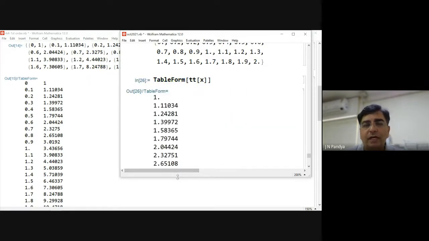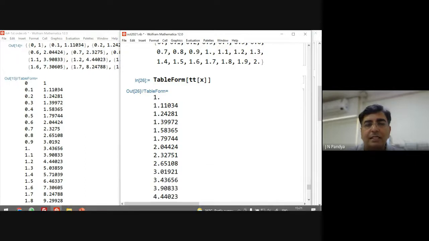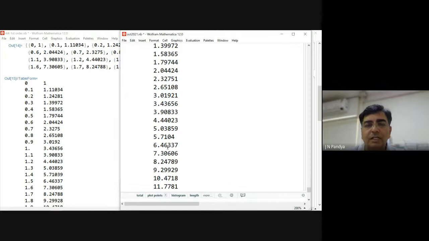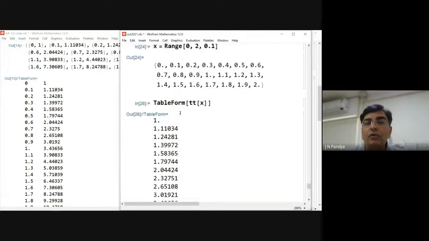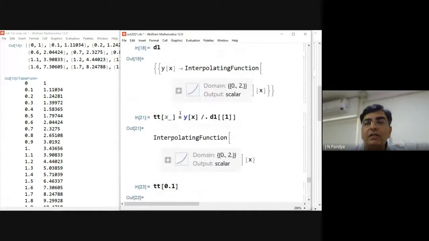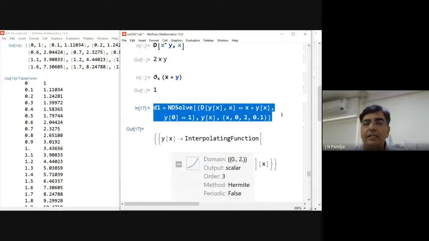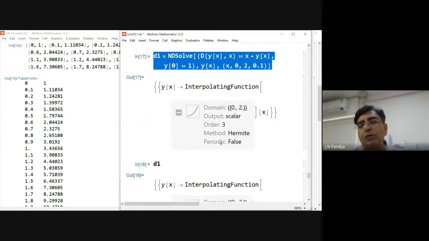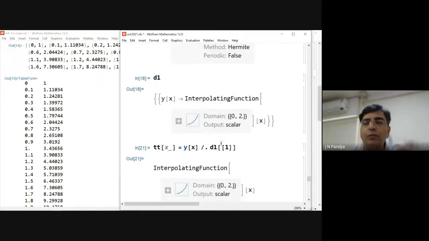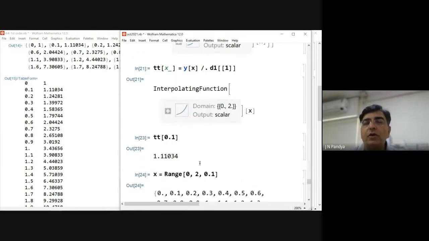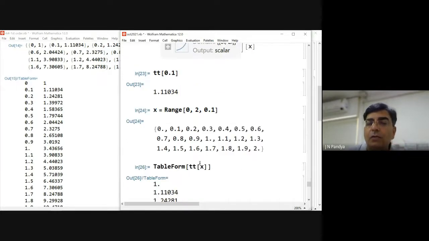You can even verify this thing. It is exactly the same thing that we see here. There is no difference at all. That means when we do this thing using inbuilt features, the whole RK4 thing is only one line. The only thing is that you should know how to extract this output in terms of a function. What is most important here is you really don't know the function even now.